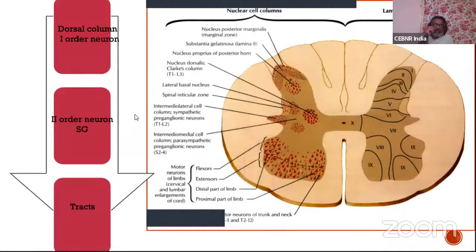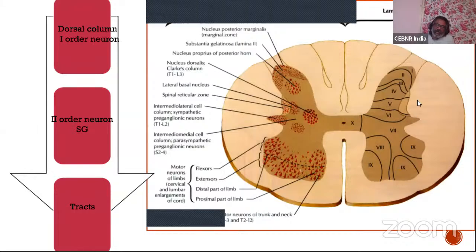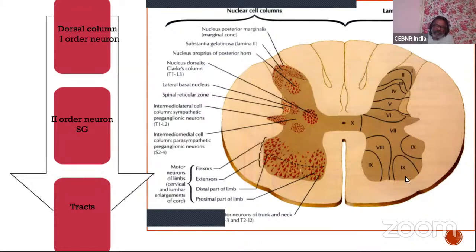Now, when it goes to the spinal cord, you know that there are different laminas in the spinal cord, 1 to 9. The 1 is your posterior horn cell, and 9 is your anterior horn cells. There are also other cells here. There are many groups of cells, right?